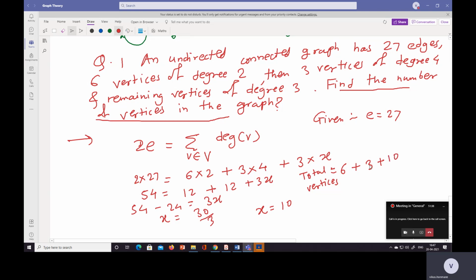So total is 19. Total vertices is 19. So this is the answer of this question. Then next question.